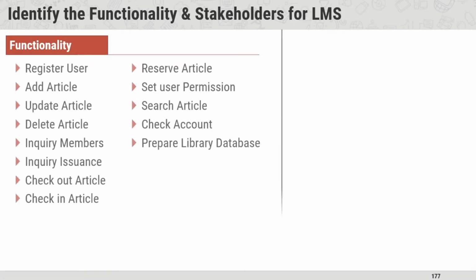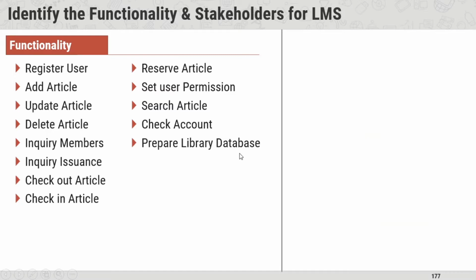Now we are at the LMS, the library management system. We will divide into what exactly the functionality is and who the stakeholders are. Functionality is what my library management system will do. It will obviously have all of this functionality: register user, add article, update and delete article, inquiry member, inquiry insurance, checkout article, check-in article, reserve article, search user permission, check account, prepare library database.